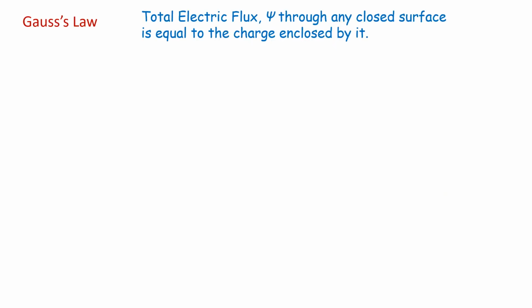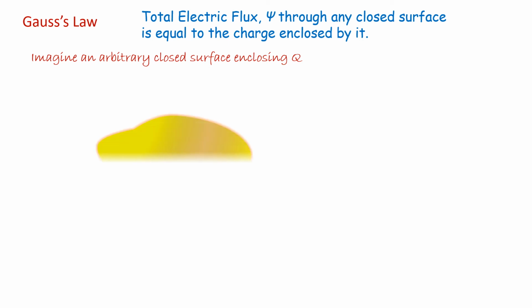Let us understand the Gauss law. The total electric flux psi coming out through any closed surface is equal to the charge enclosed by that closed surface. Imagine an arbitrary closed surface enclosing the charge Q within it.